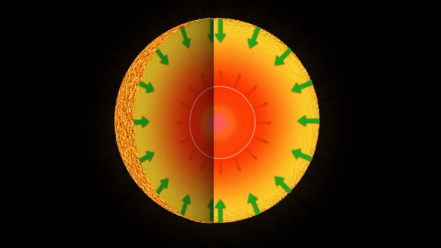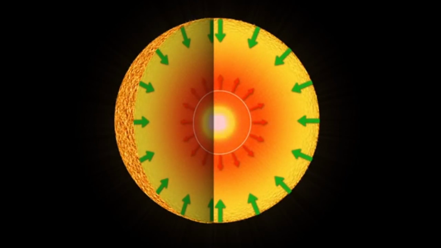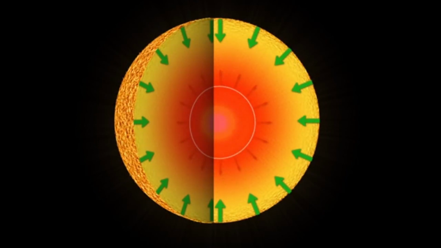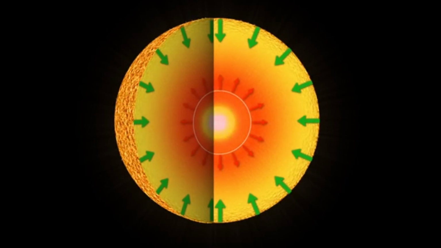The contraction generates heat, which flows outwards, which raises the temperature of the hydrogen shell surrounding the core enough to start hydrogen fusion. This energy starts to heat up the surrounding layers, causing them to expand.